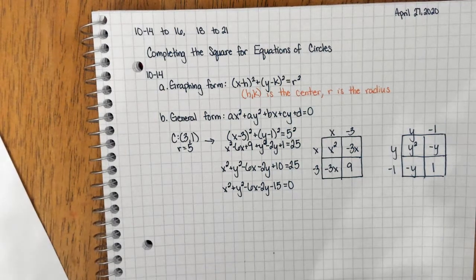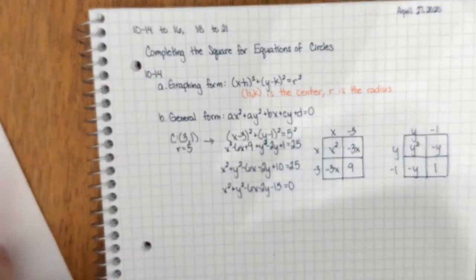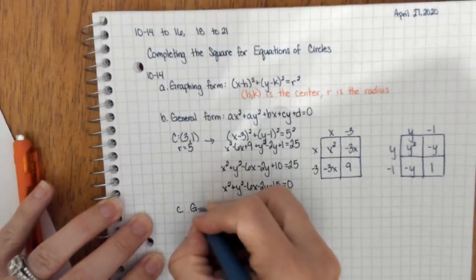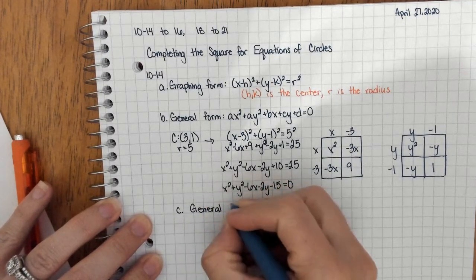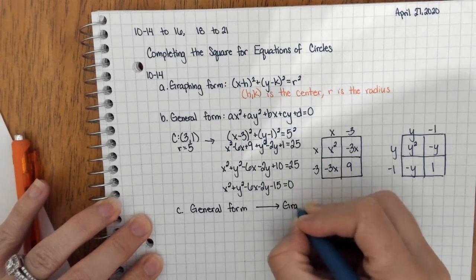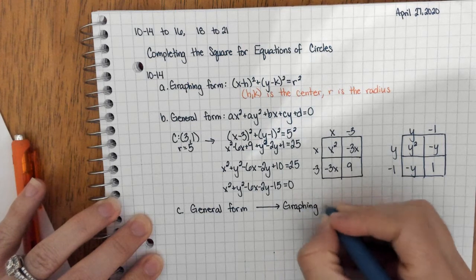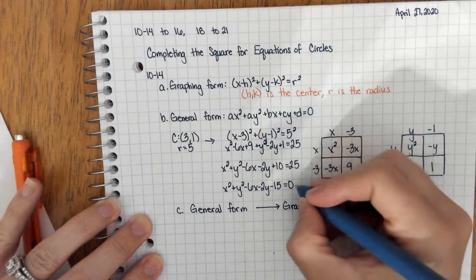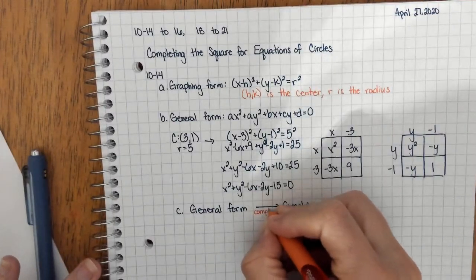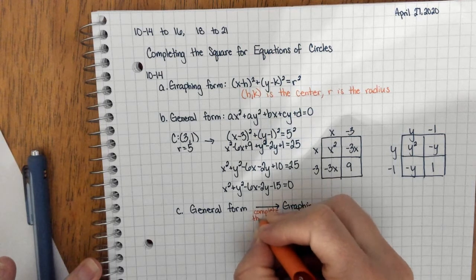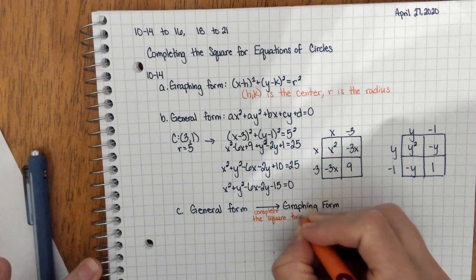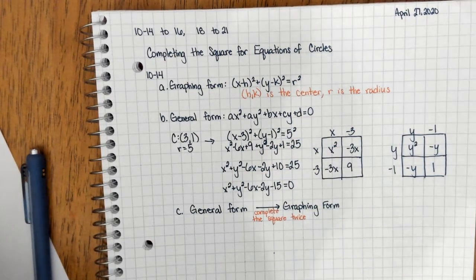So basically, if we wanted to work our way backwards, we have to complete the square twice, once for x's and once for the y's.